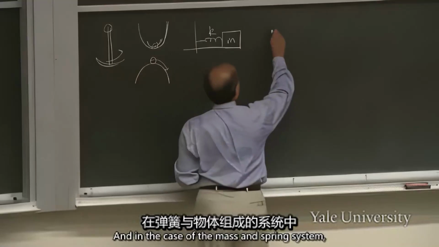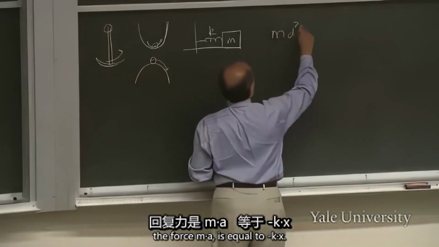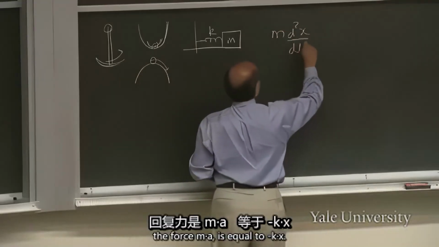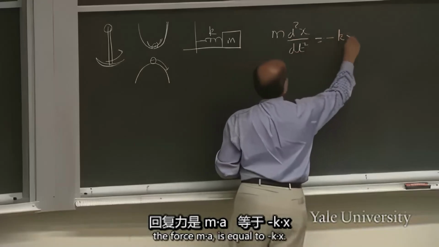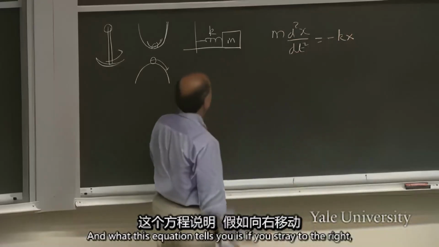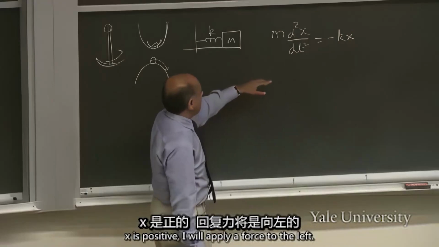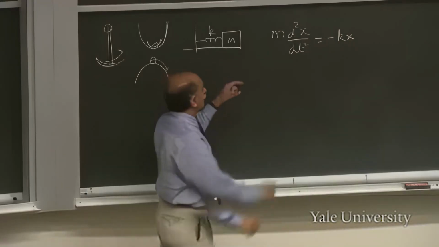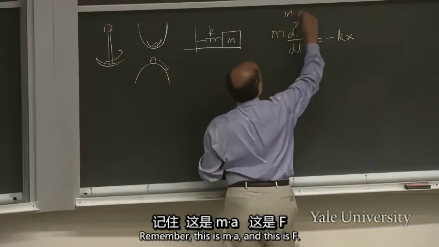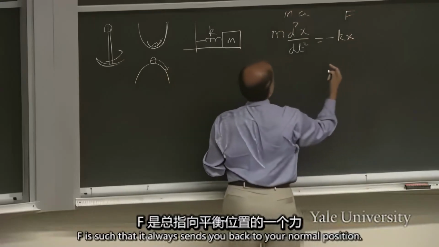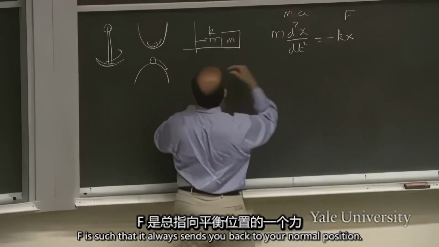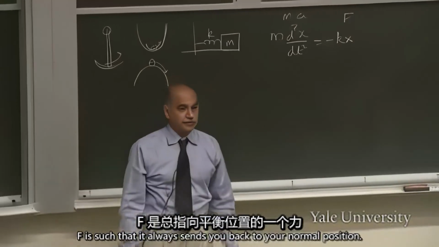And in the case of the mass and spring system, the force, ma, is equal to minus kx. And what this equation tells you is, if you stray to the right, x is positive, I'll apply a force to the left. Remember, this is ma, and this is F. The F is such that it always sends you back to your normal position.